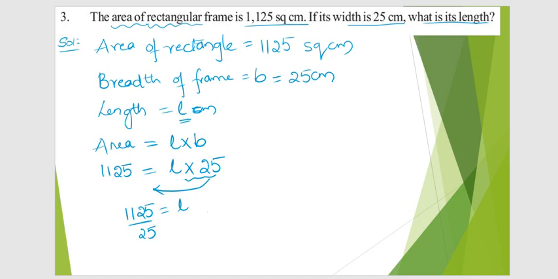Now from this, what is the value of L that you are going to get? L is equal to, in the 25 table, 25 fours are 100, and we will be left with 125. 25 fives are 125. So from this, the length of the particular rectangle is L equal to 45 centimeters.